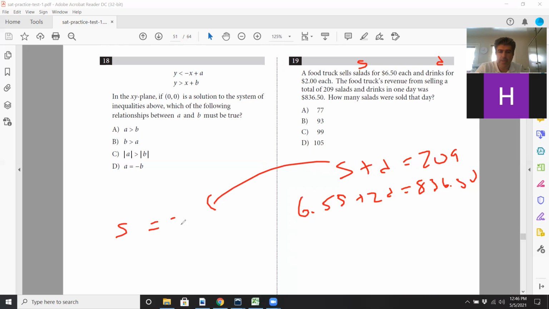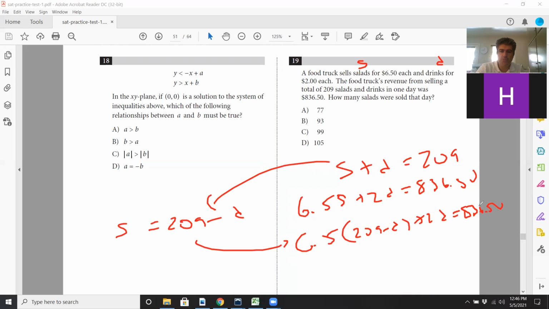S equals 209 minus D, and they give you enough time to approach these. Then put that in and work it out. Combine like terms and keep working it out, but in the interest of time I'm just going to give you the answer.